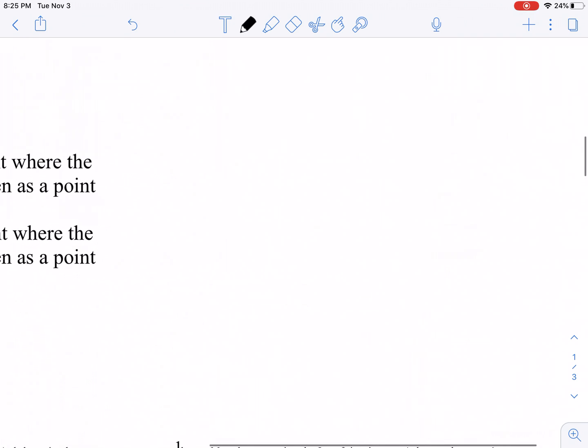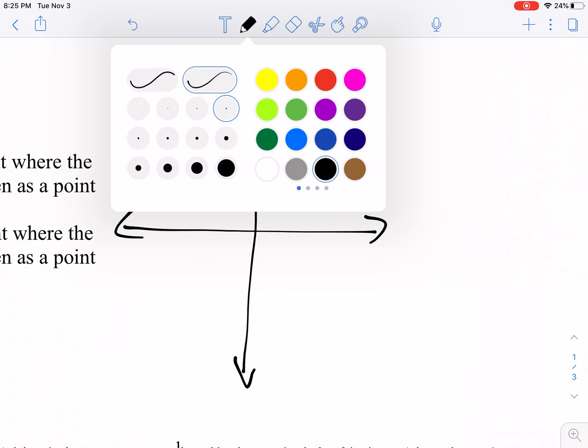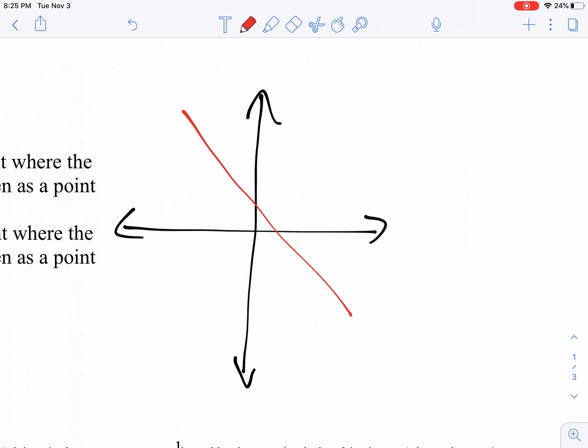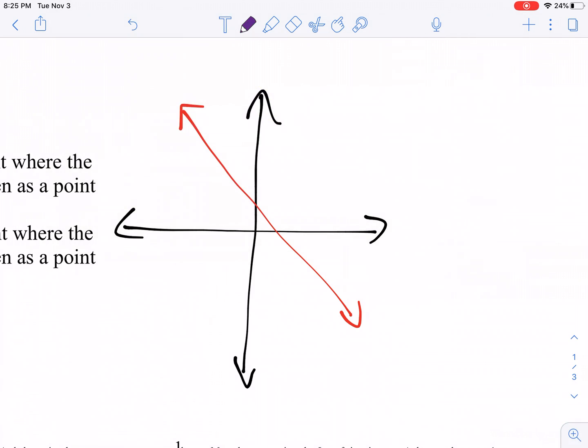And you say, well, why would that be? Let's look at a graph here. We're just going to take an arbitrary graph, and some arbitrary line that goes through it. The x-intercept would be right here because it crosses the x-axis.